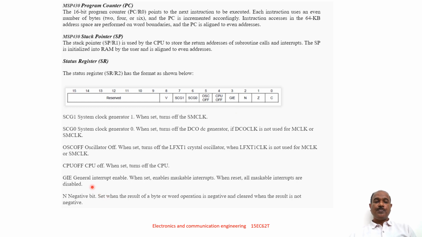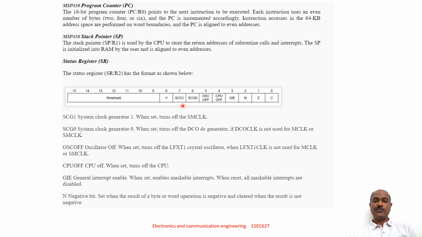When the GIE bit is set to 1, the MSP430 microcontroller can accept the interrupts. All the maskable interrupts are enabled. If this bit is 0, none of the maskable interrupts will be received by the MSP430 microcontroller.